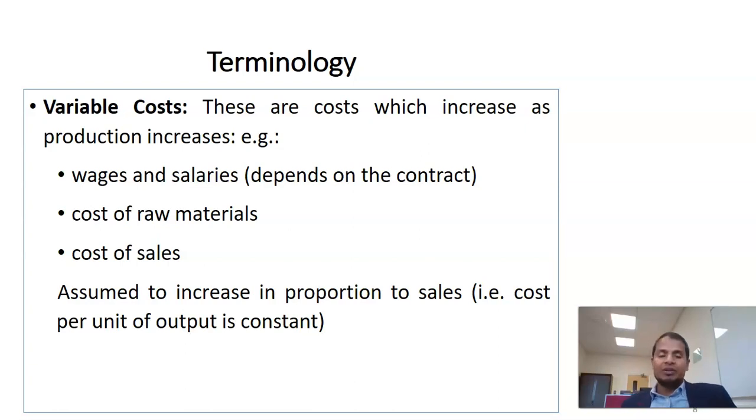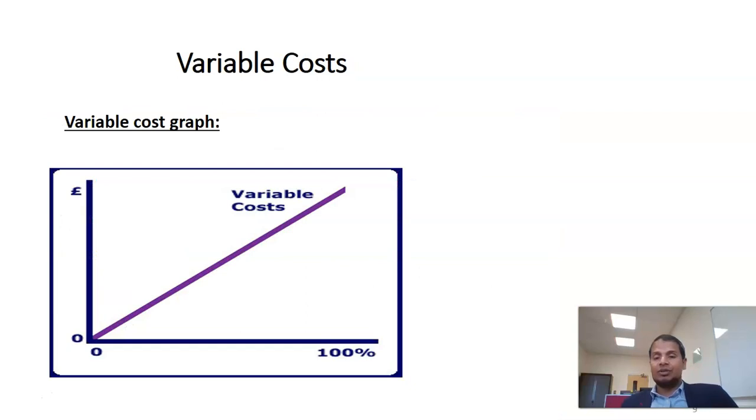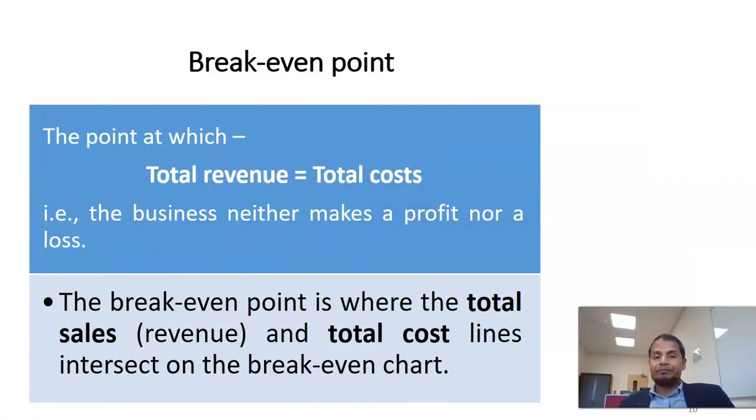For that period, cost per unit will remain unchanged. So this is the total variable cost curve. If activity increases, the cost increases as well. So this is variable cost.